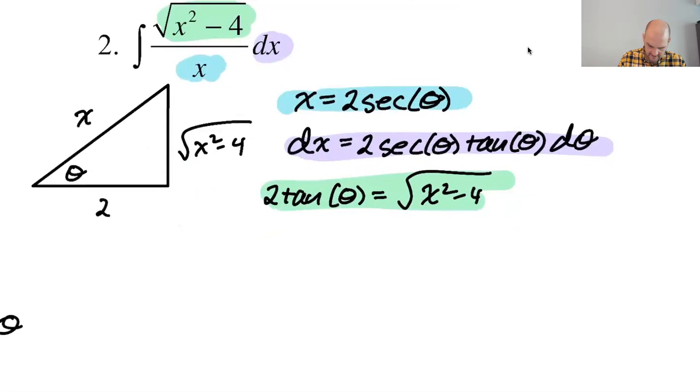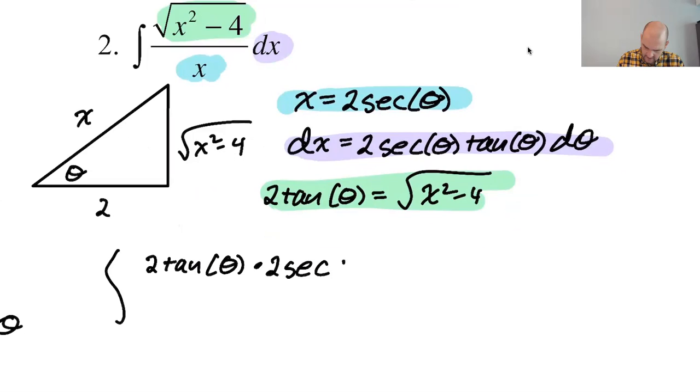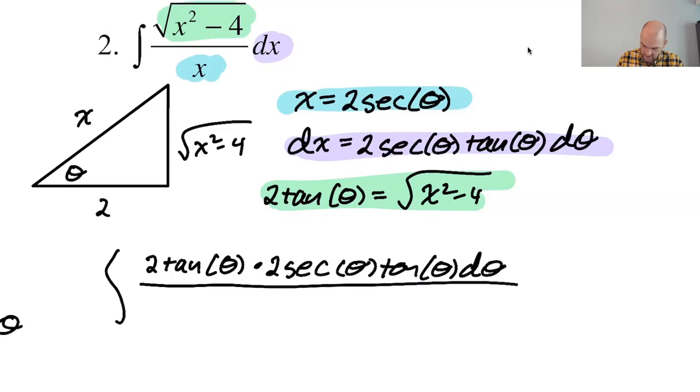So let's see. This will be the integral of 2 tan theta, and then dx. Do you get a lot of nice canceling? I thought you did, but now I'm second guessing. My insistence upon putting parentheses also makes everything a lot longer, but I do think it's a good idea.